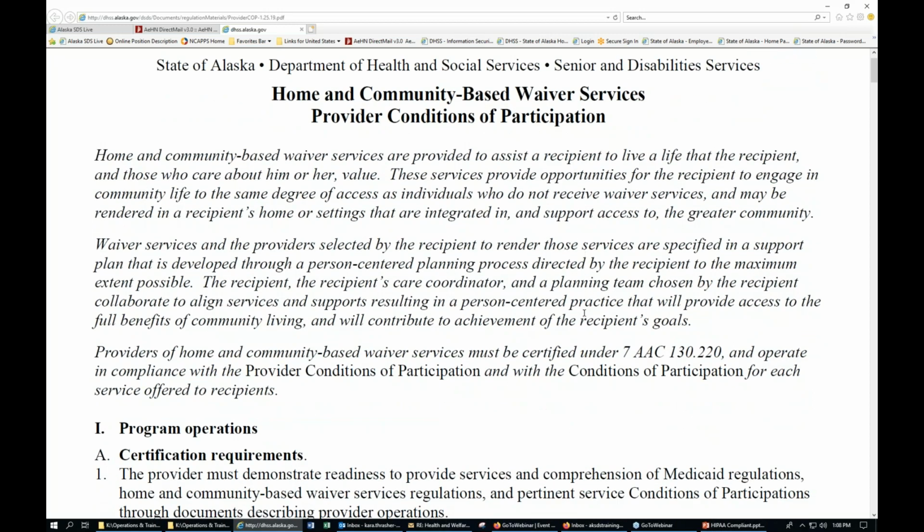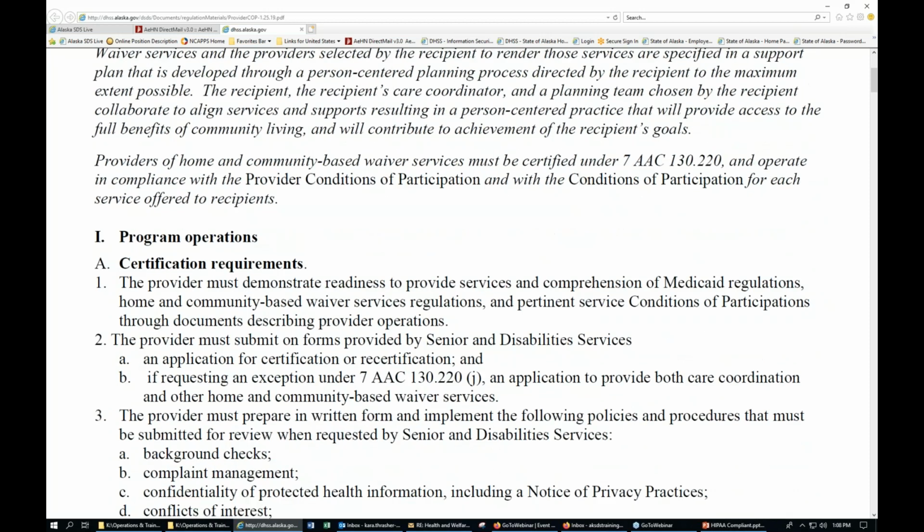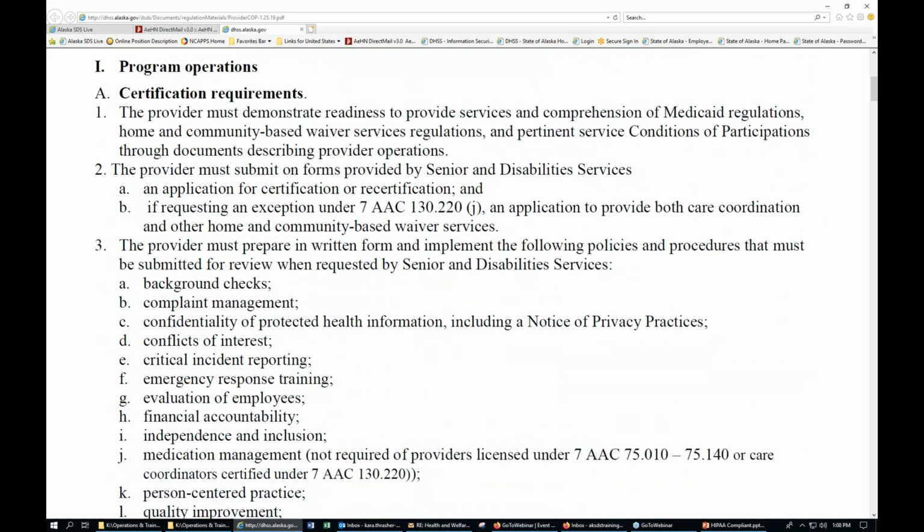One of them is the provider one, and the other is the service that you're certified to provide. So you can see here under certification requirements that there's a requirement to provide a policy and procedure on protected health information, including a notice of privacy practices.